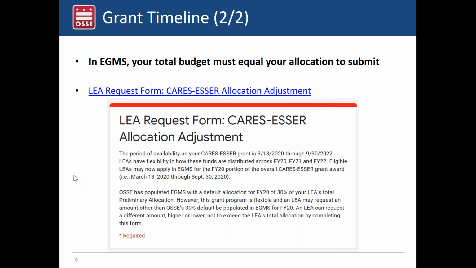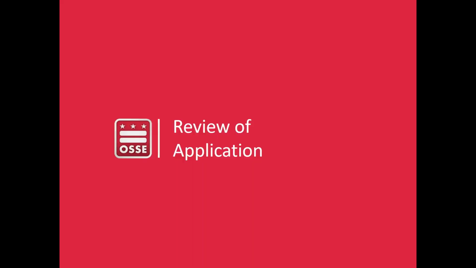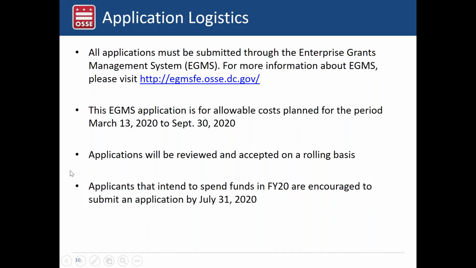So now we're going to move into the EGMS application itself. All applications must be submitted through the EGMS, the Enterprise Grant Management System. I think you're all very familiar with that, and it can be found at this link.